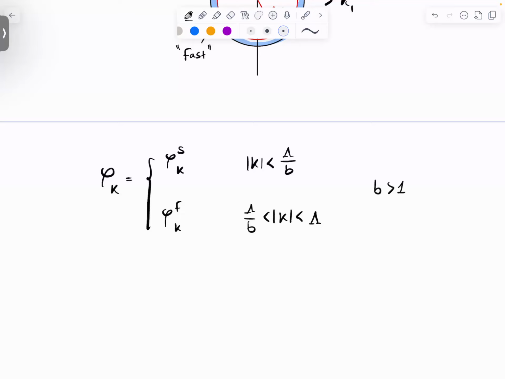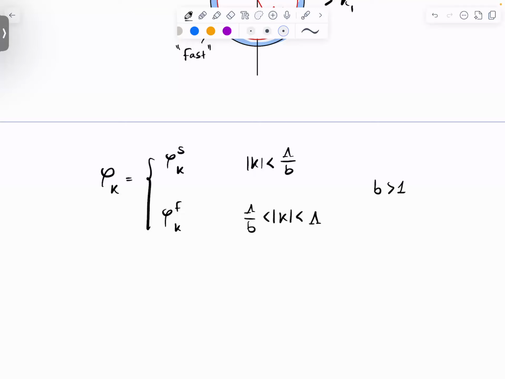I'm just saying that in the same philosophy of what we had in the real space RG, where we eliminated these high energy states and obtained an effective low energy theory for the new block spins, we're going to do the same thing here.